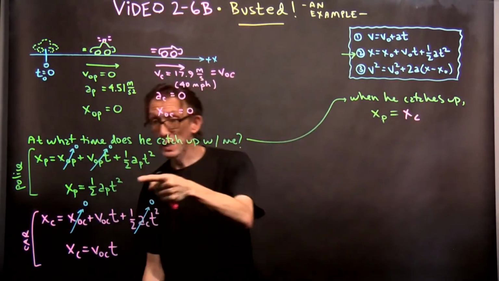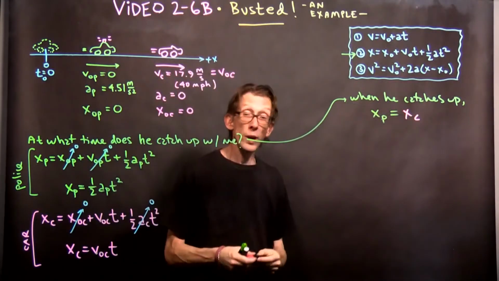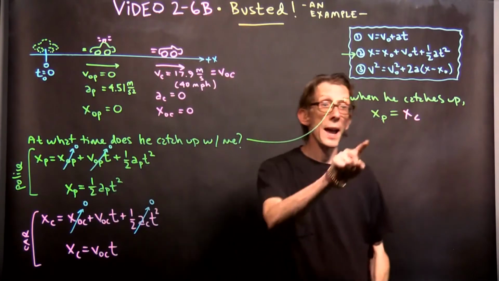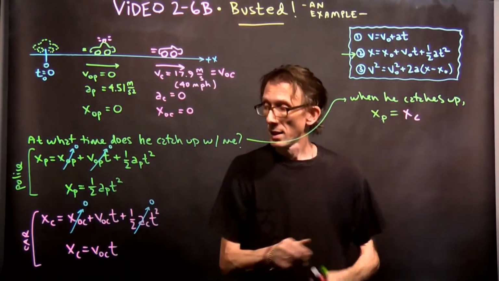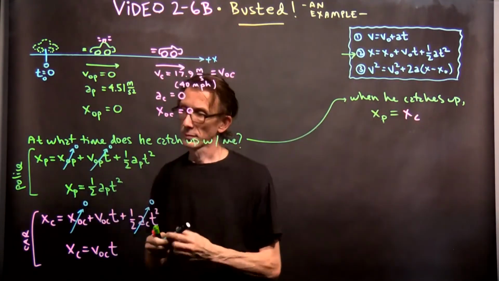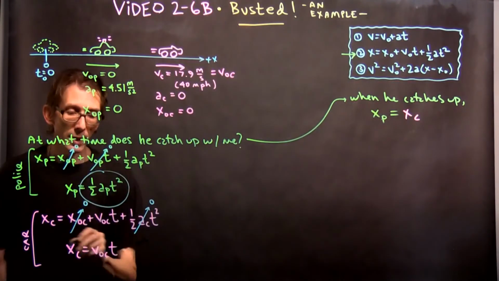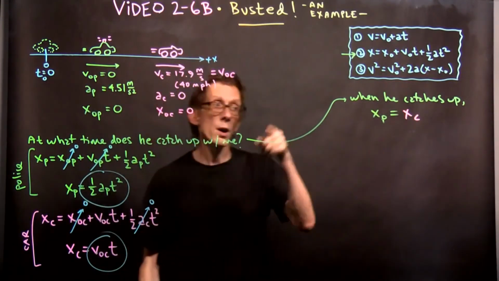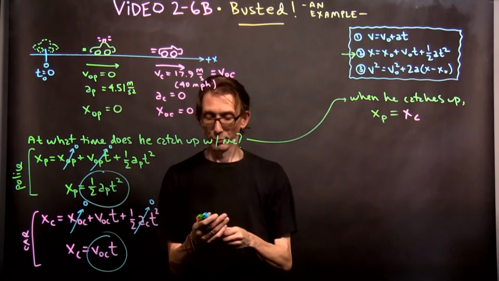And so we have xp here, we have xc there. We can set these two equal: xp equals xc. But this is xp, this is xc, so those two things I just circled must be equal.